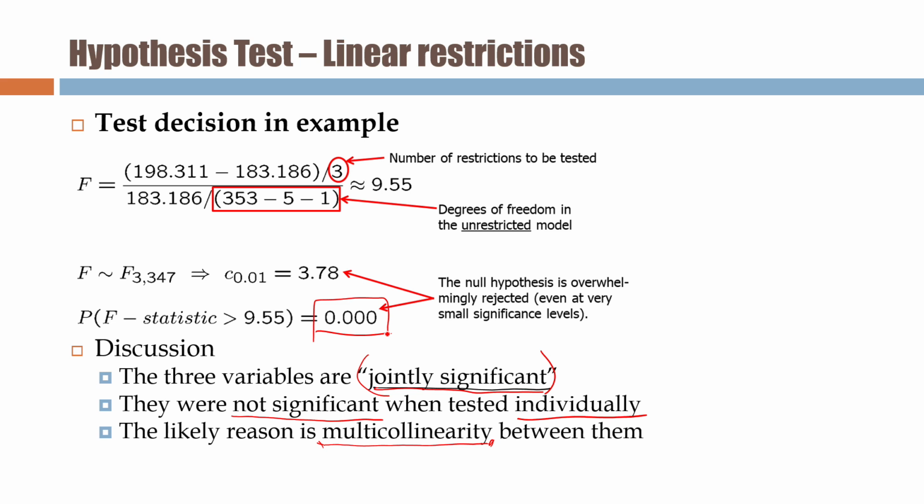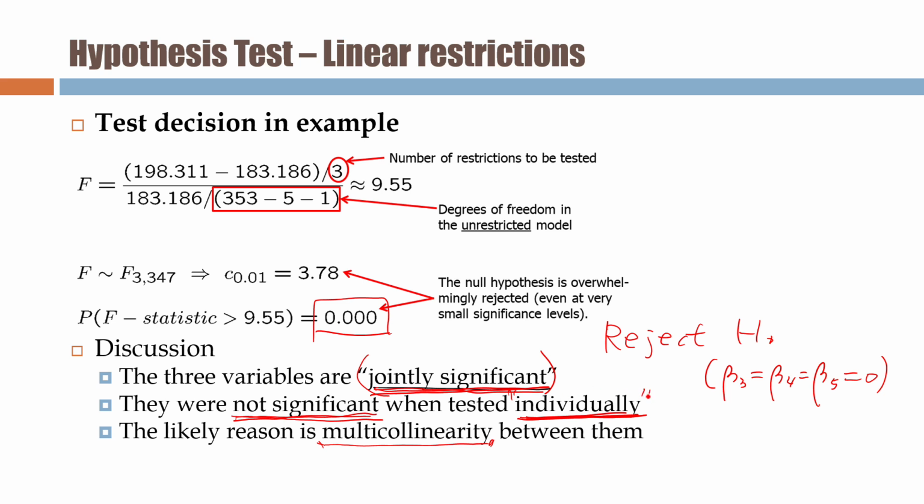But sometimes, even though our factors are individually not significant, altogether they can be jointly significant. So we can reject the null hypothesis, which is beta 3 equals beta 4 equals beta 5 equals 0. Maybe one of them is significant, but not individually.